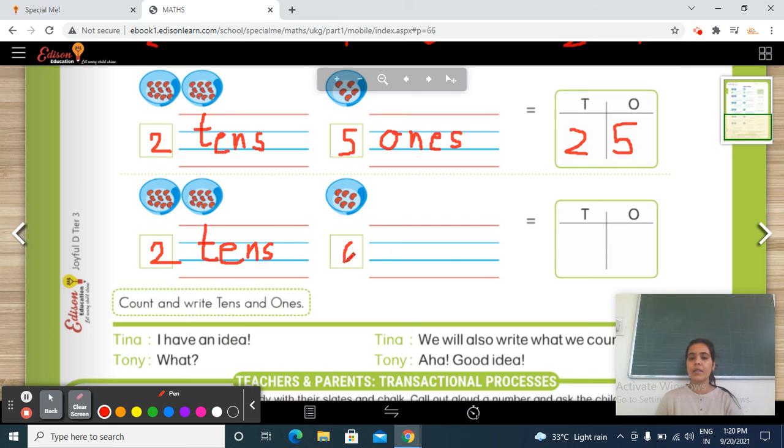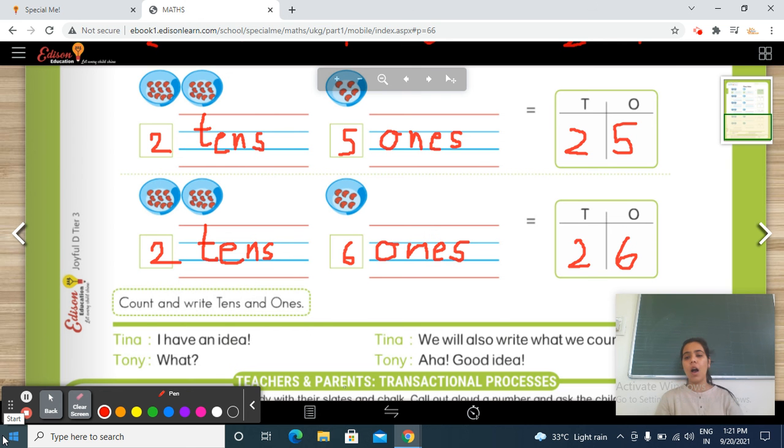So here are six ones. Write ones, O N E S. Parents, it's a request that you give our kids these kinds of equations, and students, you all have to solve them at your home. That's your homework. The number is 26.